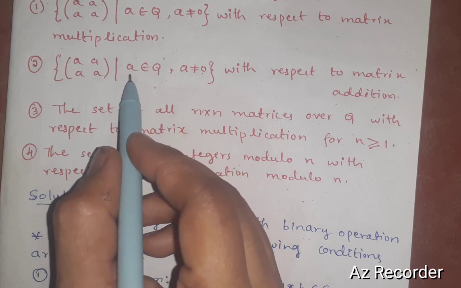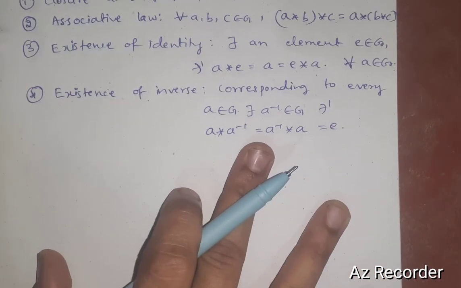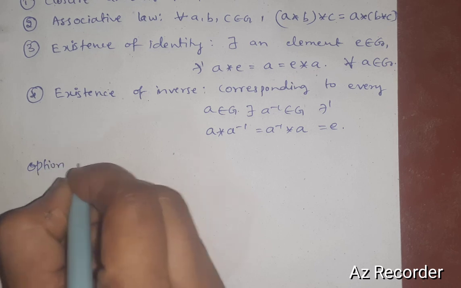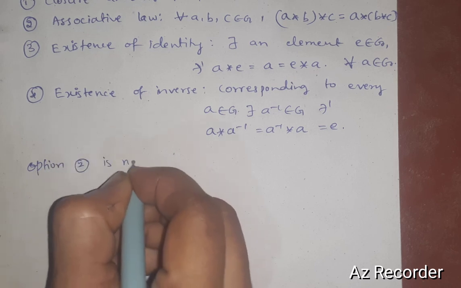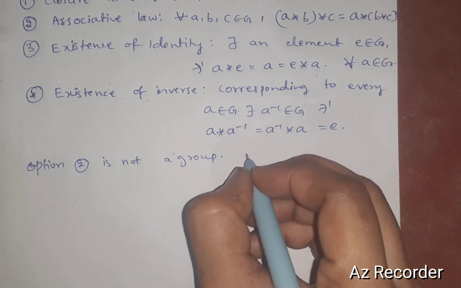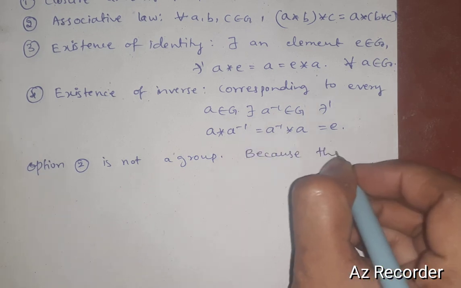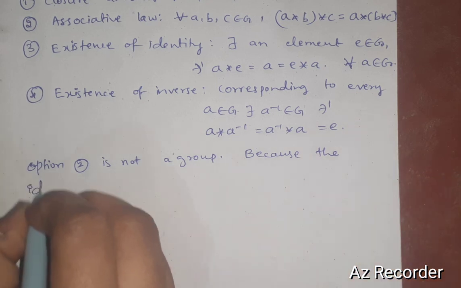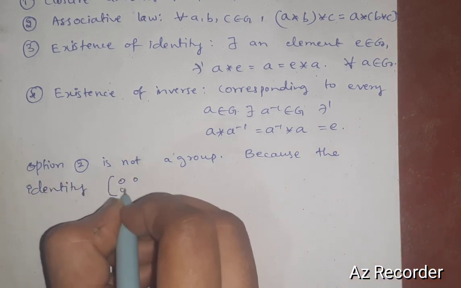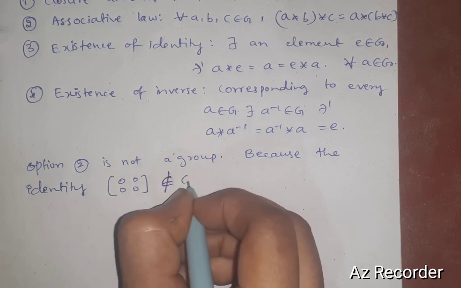So this is not a group. Option 2 fails to be a group. The reason is that the identity element, the zero matrix, does not belong to the set G.